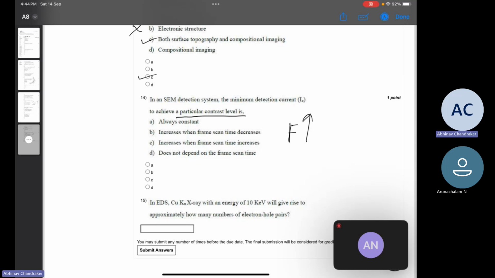So if frame rate increases, you'll have to have more detection current also, because the total number of electrons reaching is equal to Ic times t, which should have a high value. If the frame rate is low, you have much more time, so even a smaller Ic will be fine. So minimum detection current will be lower for a lower frame rate and higher for a higher frame rate. Correct answer is C.